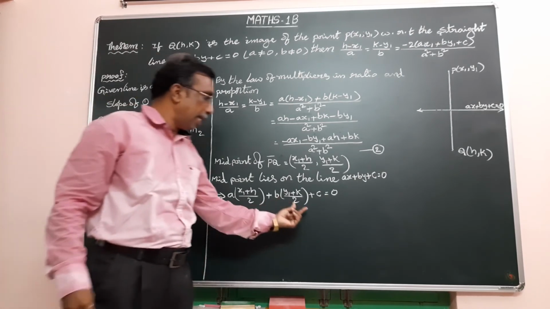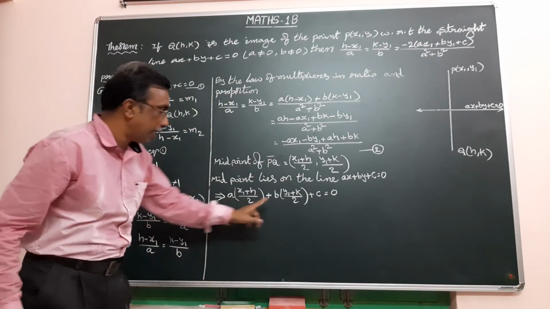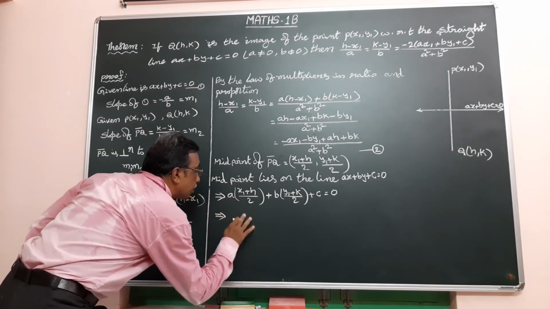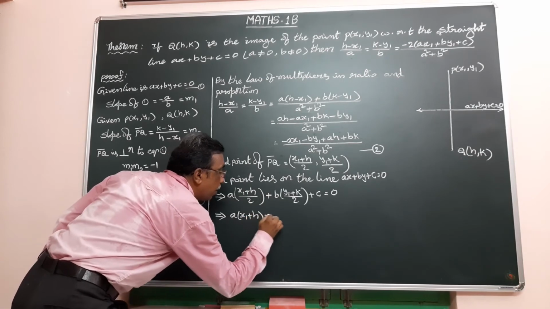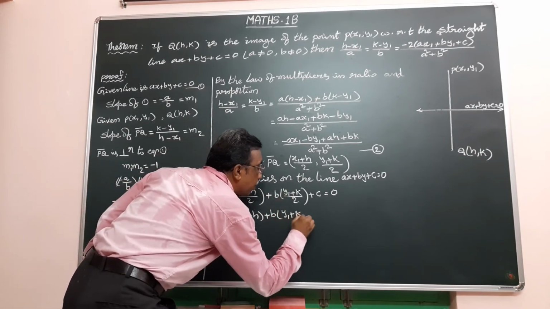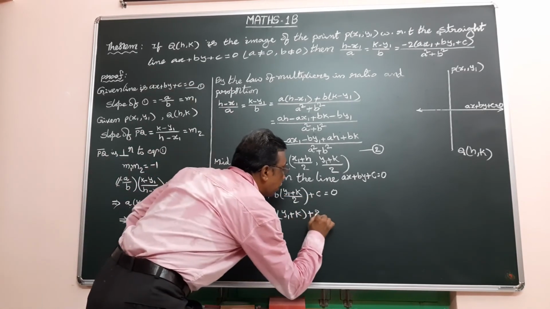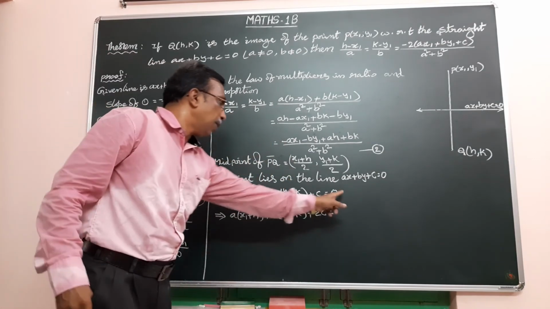Now we take the LCM and use cross multiplication. The LCM is 2. A into x1 plus h plus b into y1 plus k plus 2 into c, 2c, and by cross multiplication, 2 into 0, 0.